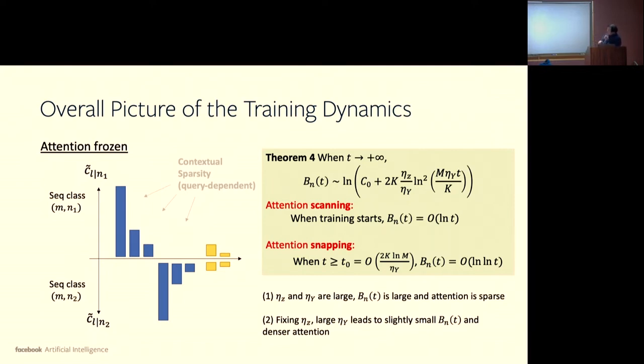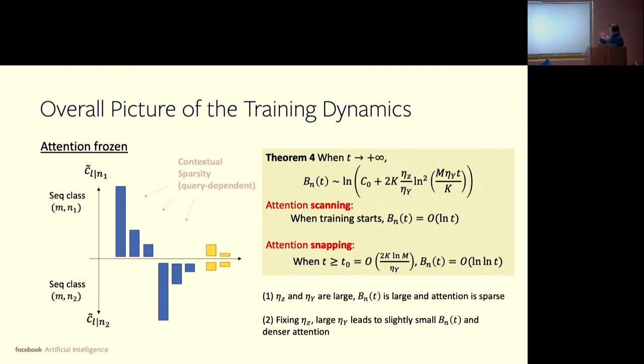One is called attention scanning, in which this winner-take-all effect is happening. The second stage is called attention snapping, in which everything slows down a little bit, and finally things saturate. Right. So once you see the rich-become-richer effect, after some time, the attention pattern will freeze, and it becomes kind of like a minority-take-all kind of picture, but it's not like a winner-take-all.